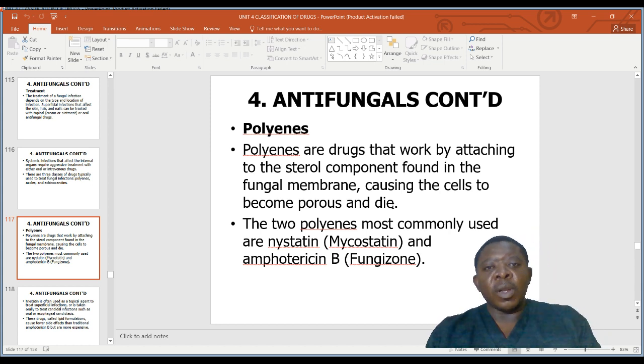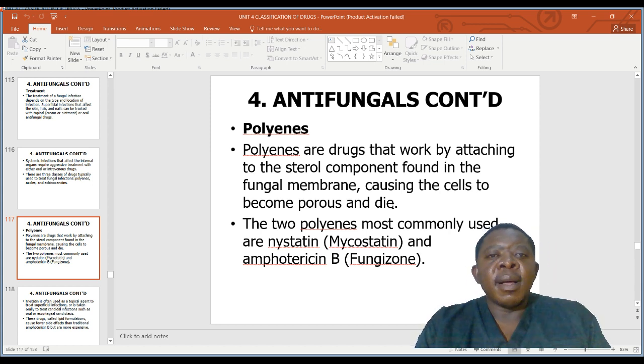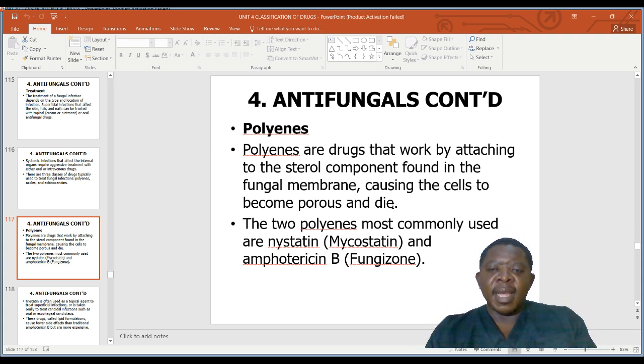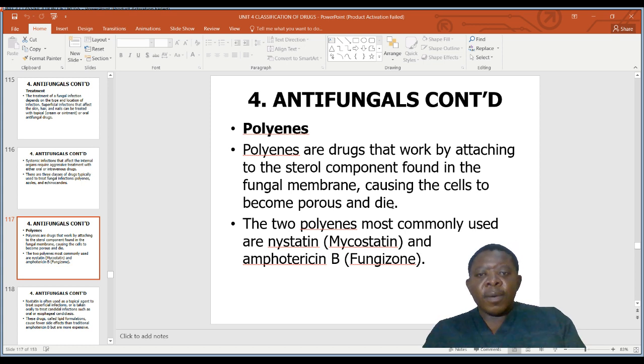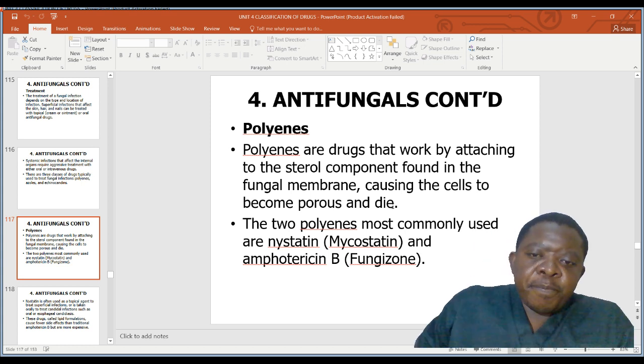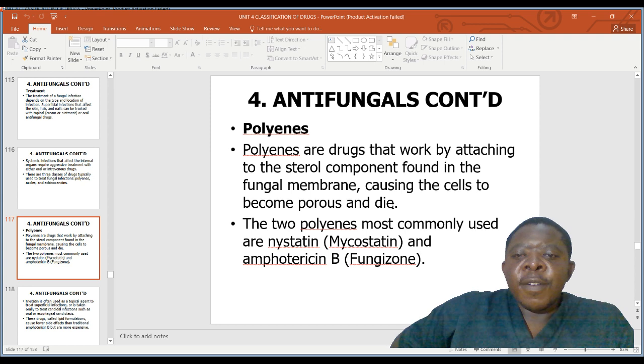So when you talk of polyenes, they are drugs that work by attaching to the sterol component found in the fungal membrane, causing the cells to become porous and die. The two polyenes most commonly used are nystatin, the other name is Mycostatin, and amphotericin B, or Fungizone.